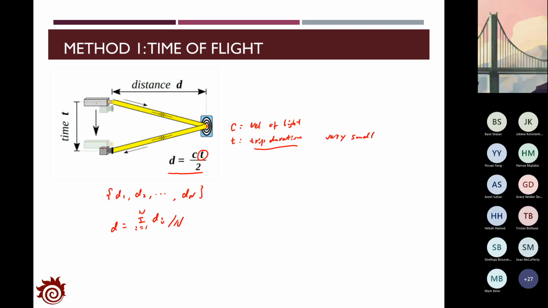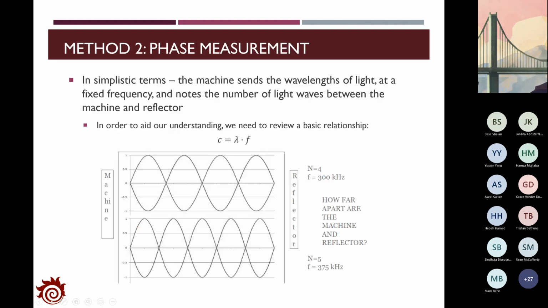And if we have a very small error in the measurement of the trip duration, you might experience very large errors in the distance. So in order to overcome this problem, we will introduce the second method, which is called the phase measurement.